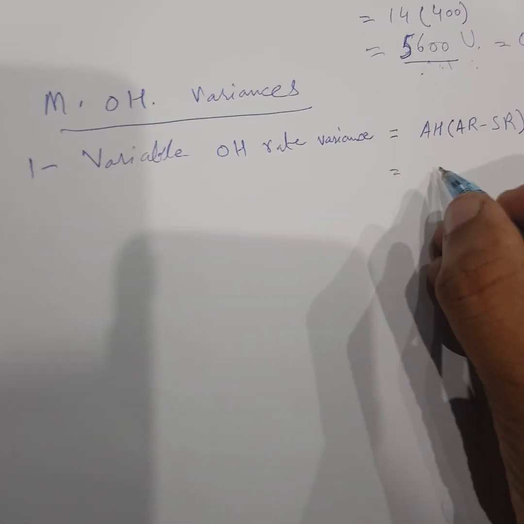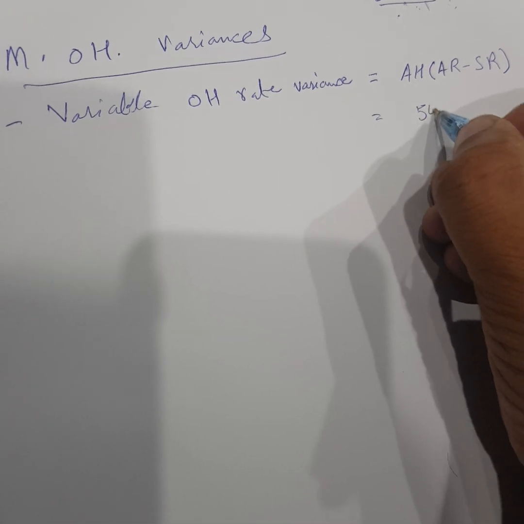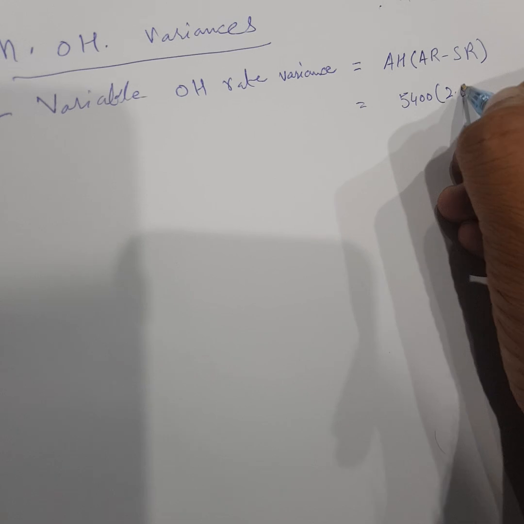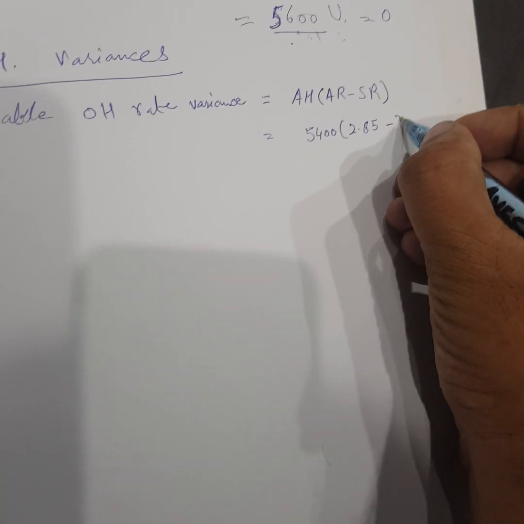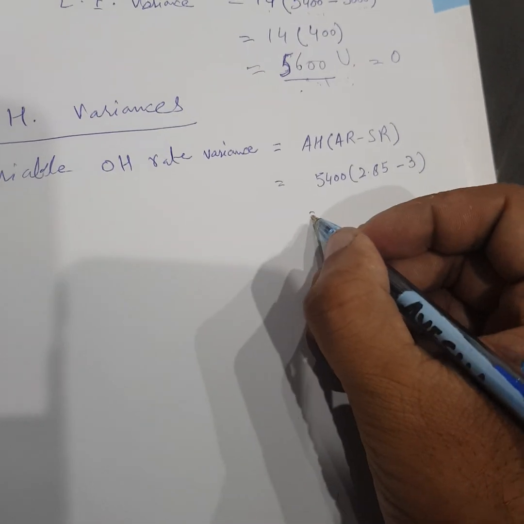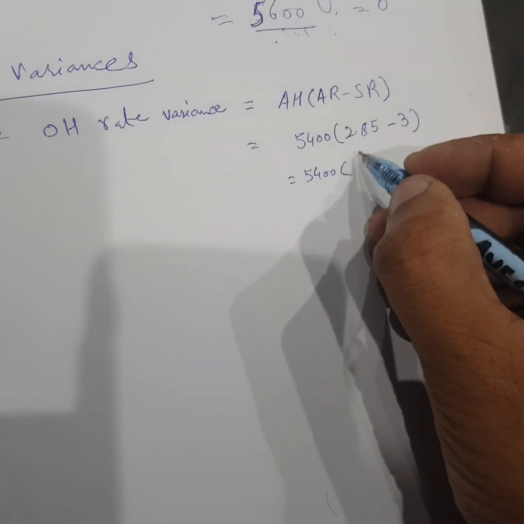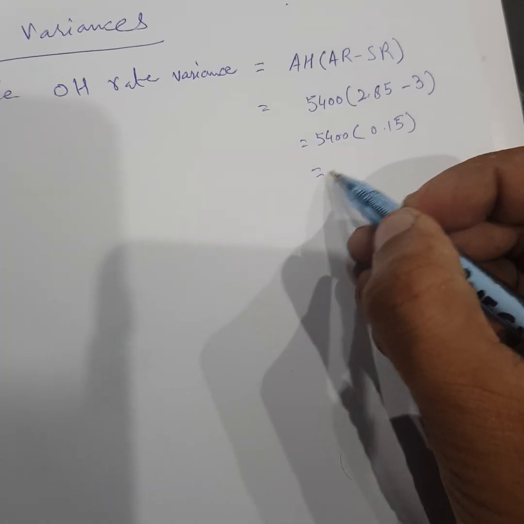Like if we say our actual hours are 5400, our actual rate is 2.85, and our standard rate that we set was 3 rupees. If we focus on this, we got the benefit of 0.15 rupees.